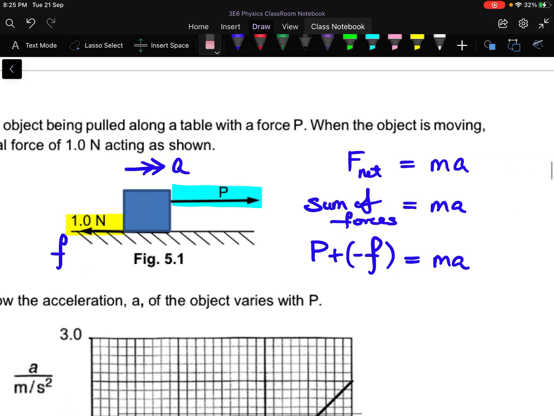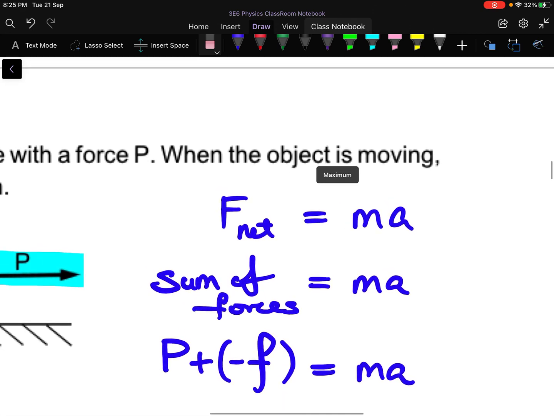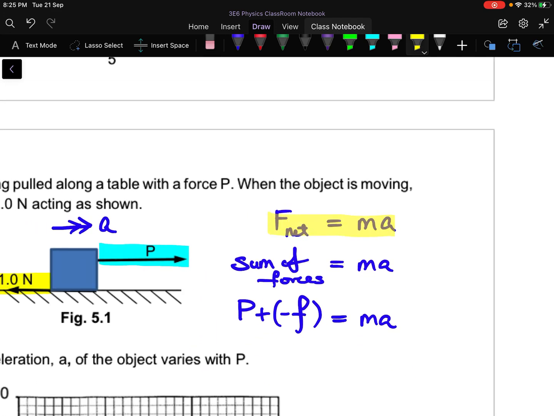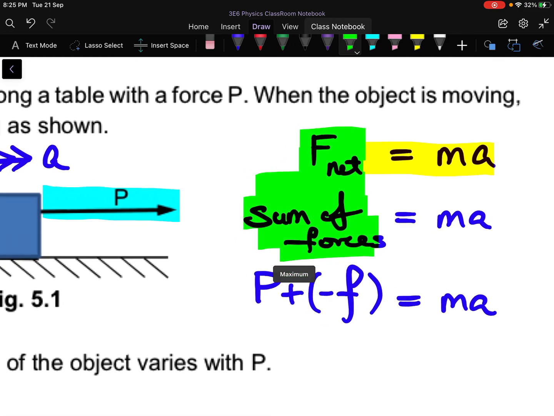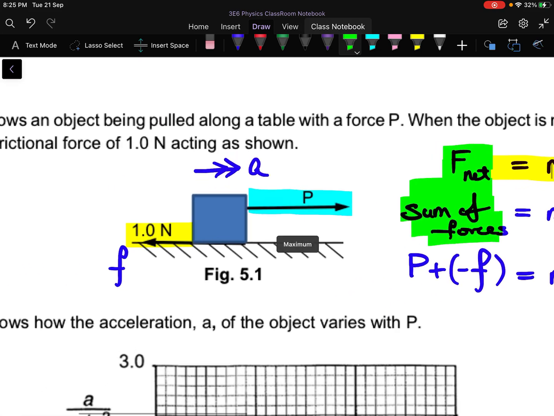Once you do that, of course, you will know that this is your best friend, your bread and butter of physics, your Newton's second law. Your Newton's second law is actually this guy over here, and you can expand it by the definition of F net, which is the sum of forces. When we talk about the sum of forces, we are talking about the forces in the same dimension.